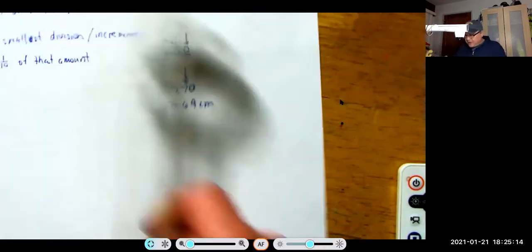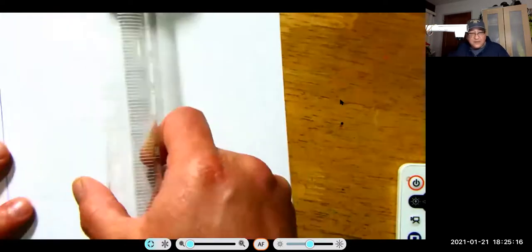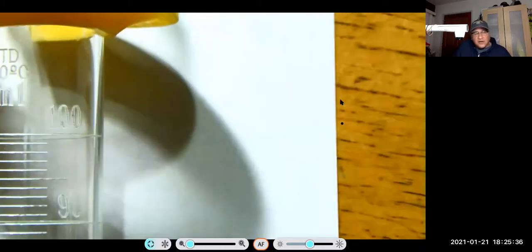Now, here's the graduated cylinder. And you'll notice that when I arrange this the proper way, you can see the mL at the top. That means that every unit here is 1 milliliter. If I zoom in on this just a little bit, can you see the 100 and the 90?